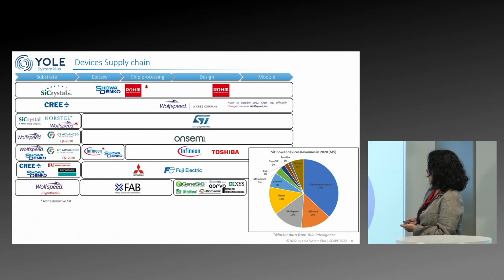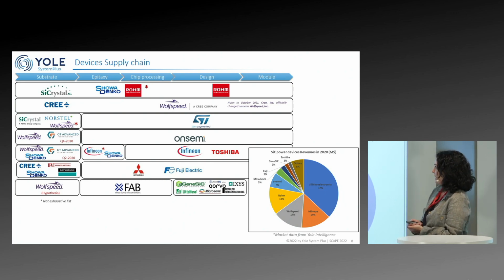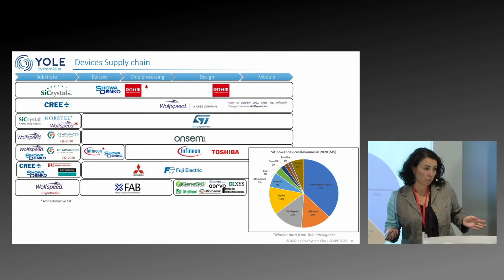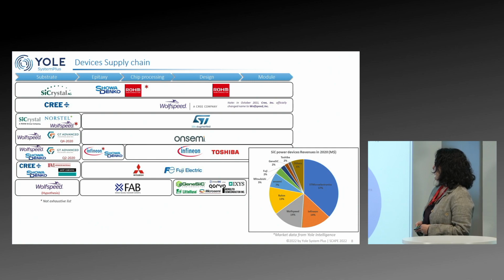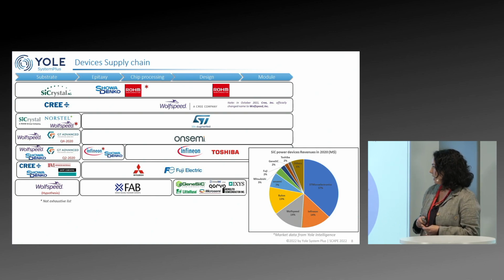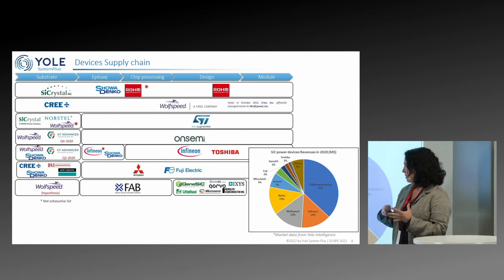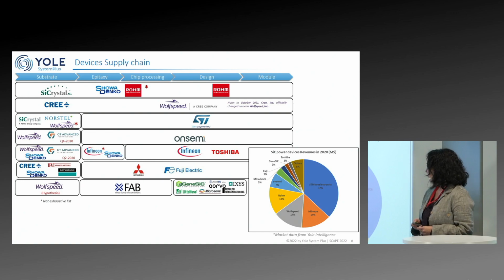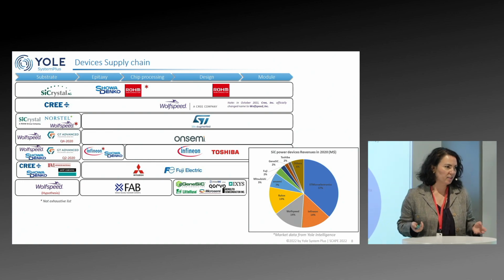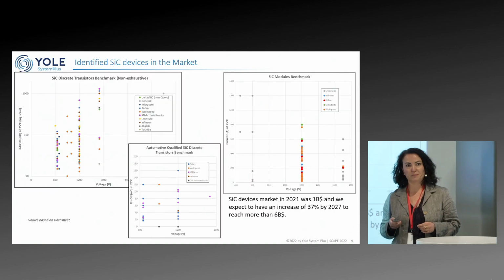What's interesting is that the main players with the main revenue also cover almost the full supply chain. Then other players obviously have less revenue, maybe because of different types of devices and less connection or less market agreement with the big players in automotive, for example.